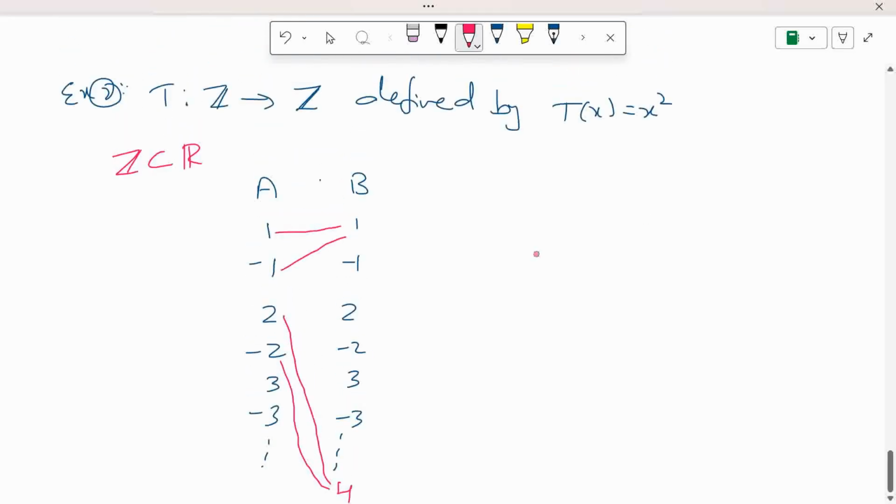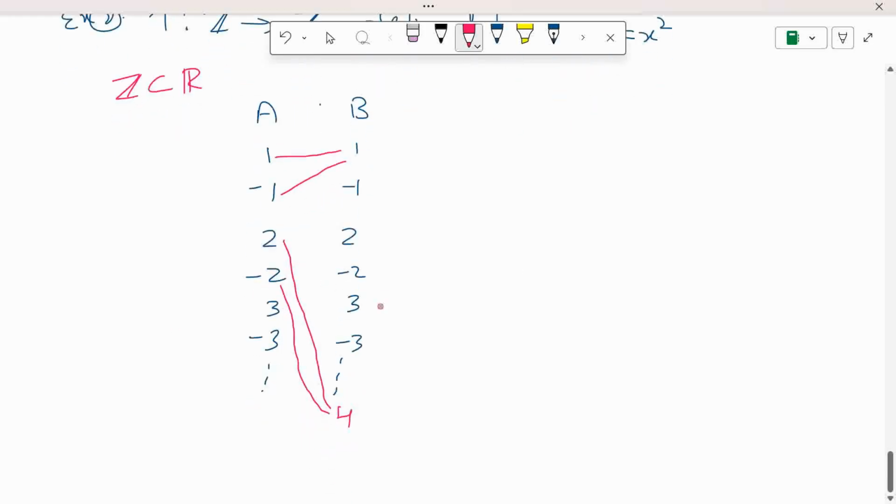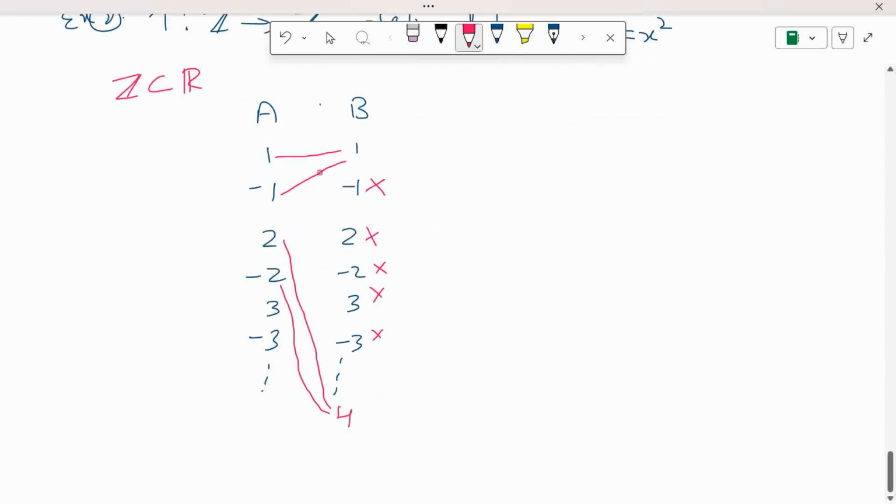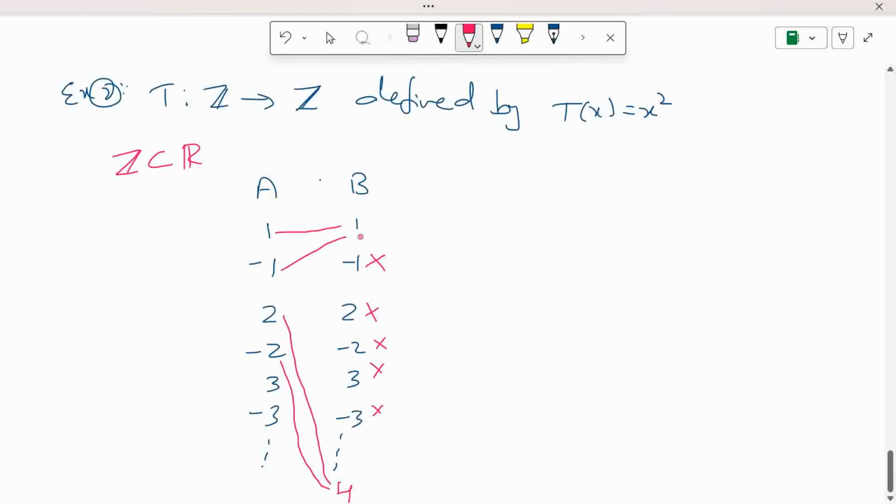Elements like -1 that are not mapped to any element in the set, I am putting a cross. Now you can see two elements are mapped to one here.